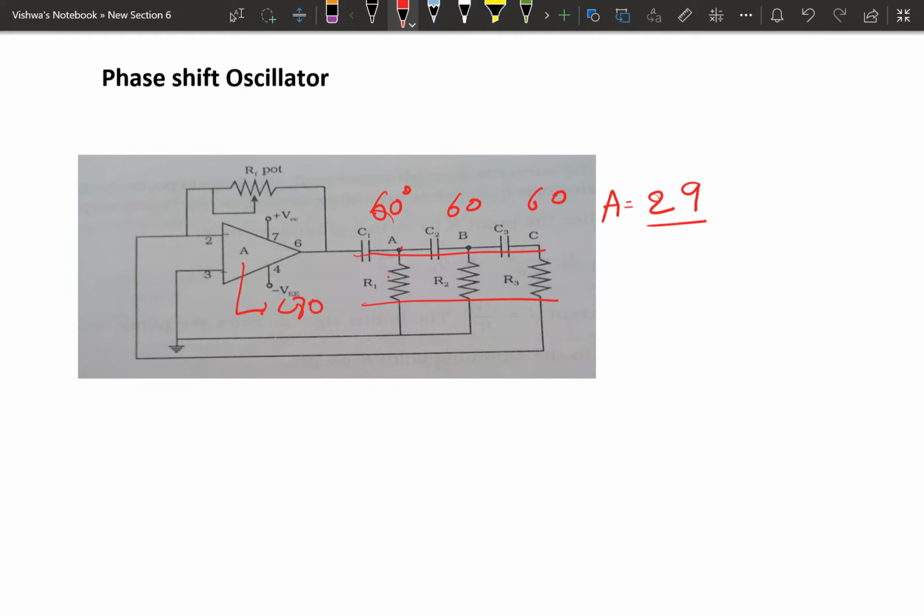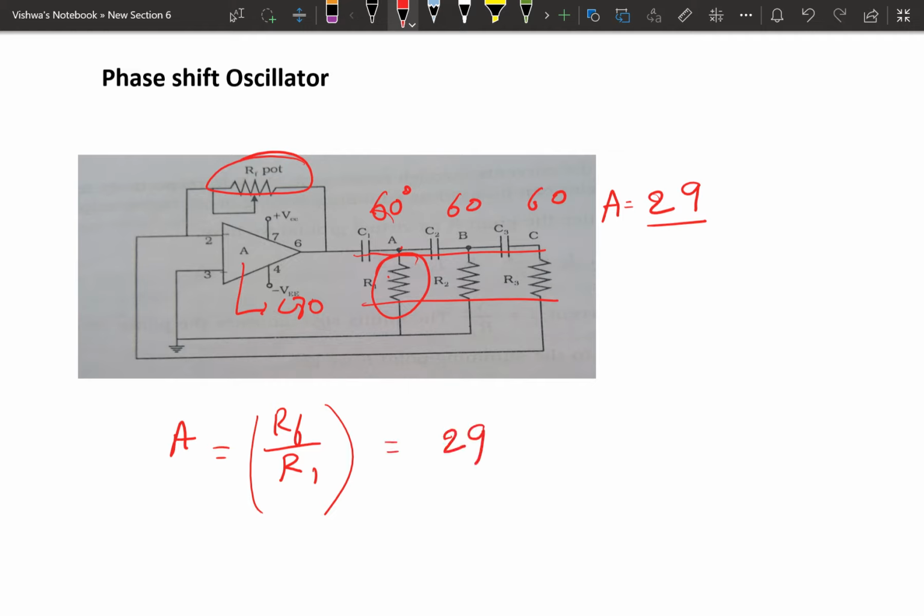Here the gain equation is written as A equal to RF divided by R1, where RF is the feedback resistor value and R1 is the resistance used here. For another network it is RF by R2, and for another network RF by R3. For the first network the gain is RF by R1. Here this gain should be equal to 29.